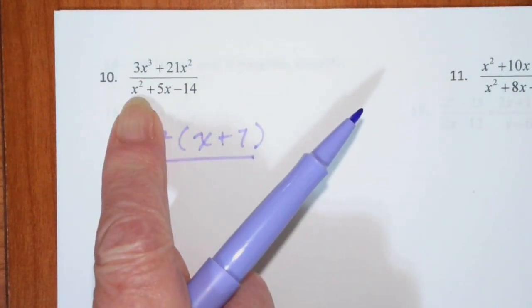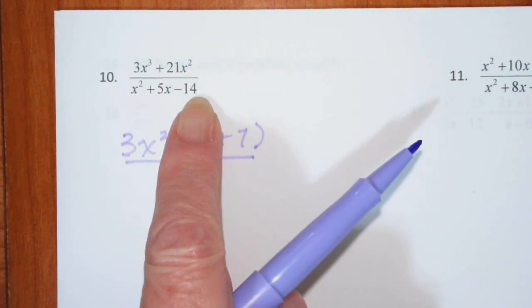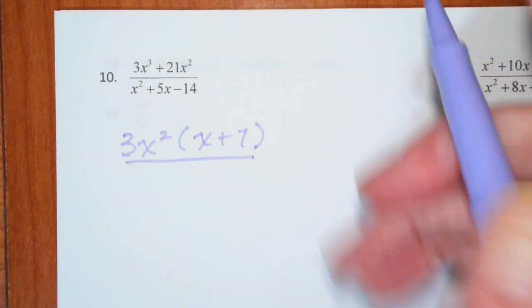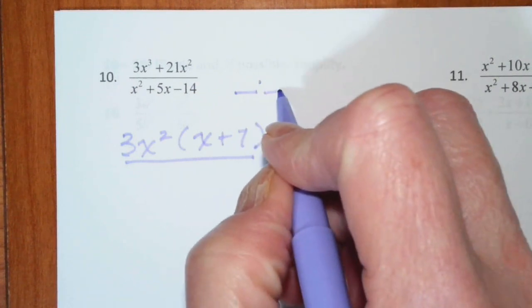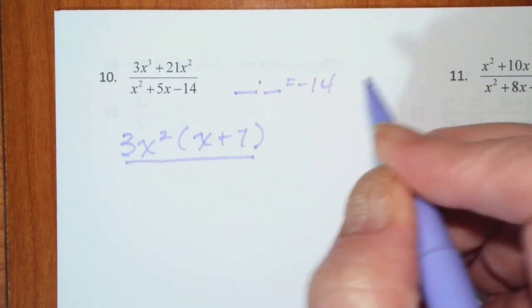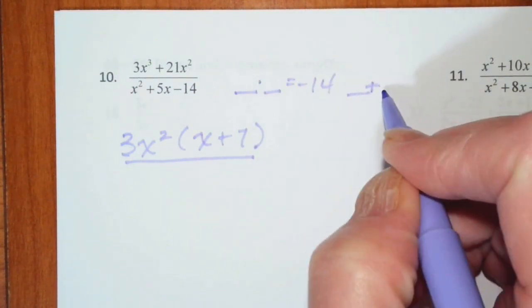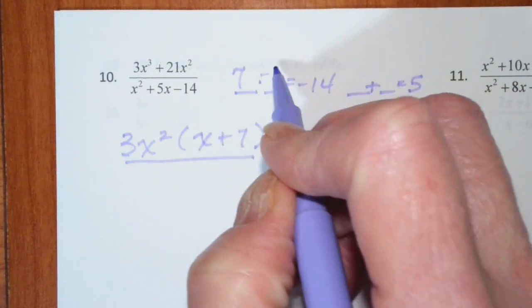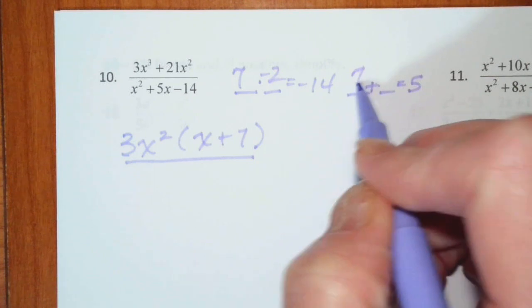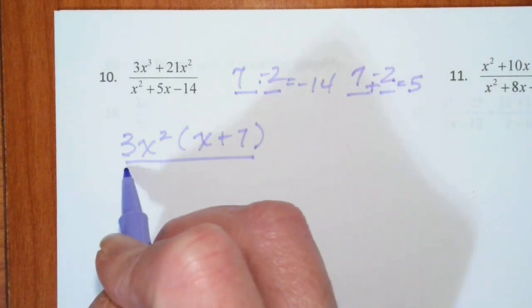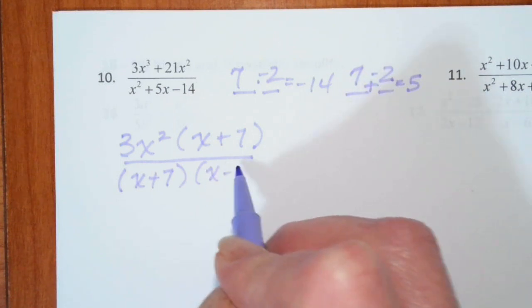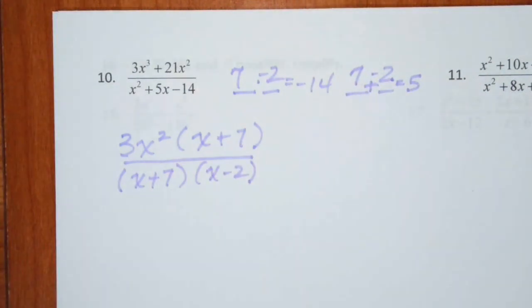My denominator, it's a trinomial, has a leading coefficient of 1, no GCF, so I'm looking for 2 numbers whose product is negative 14 and whose sum is 5, and those are 7 and negative 2. So this factors into x plus 7 times x minus 2.